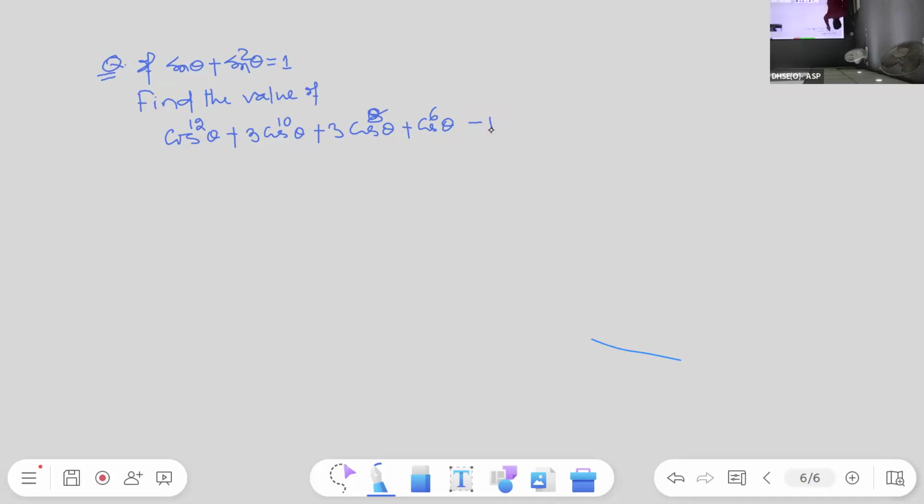If sin theta plus sin square theta is equal to 1, find the value of this much. Okay. Come to the solution.